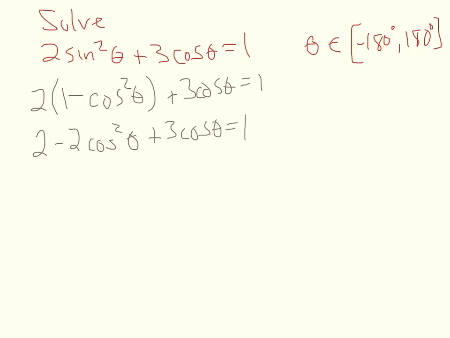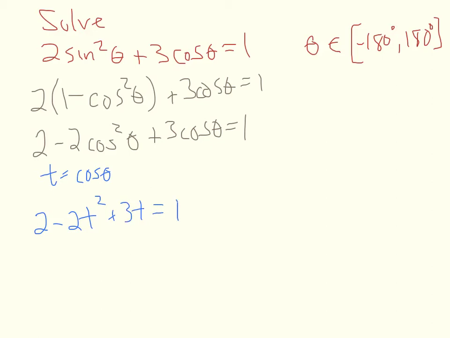Now, this happens to be a quadratic, and if you don't see that real well, you could use a substitution here and say let t equal cosine theta. So we have 2 minus 2t squared plus 3t equals 1.